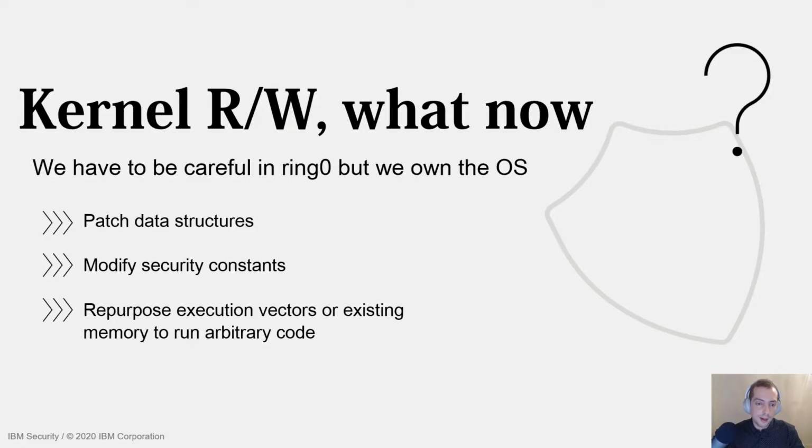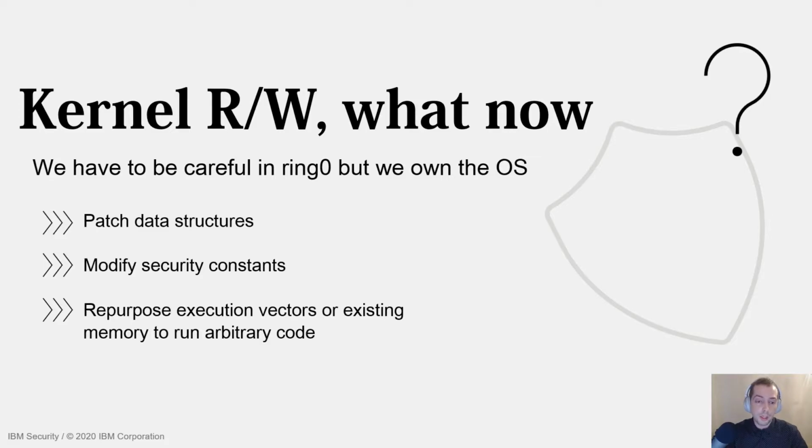What now? I just want to say we have to be careful in ring 0. If we put 1 byte out of place, things can really go pear-shaped. And especially if we want to deploy our tradecraft on business critical machines, we really need to check our work and make sure we know what we're doing.